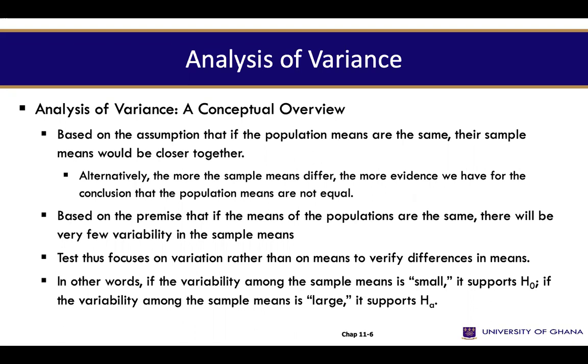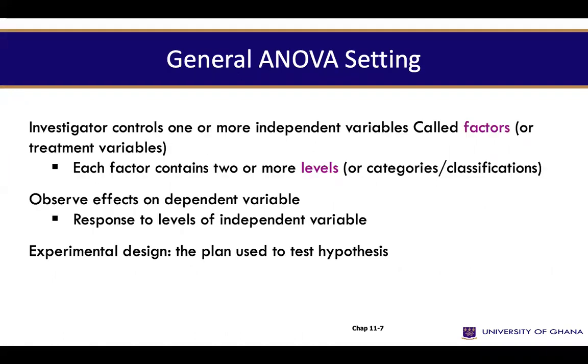We are going to look at whether the variation, and we will explain this as we move on, among the samples is small, then it supports our hypothesis of equality. If there are so many variations among the groups, then it goes against the null hypothesis, or it supports the alternate hypothesis. We'll go deep into that.